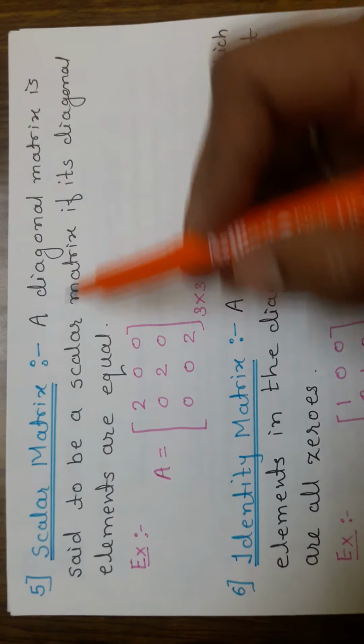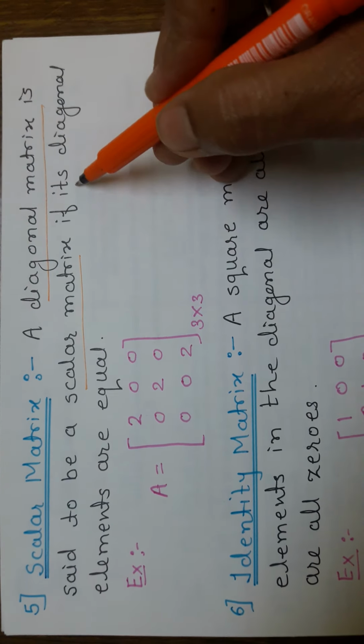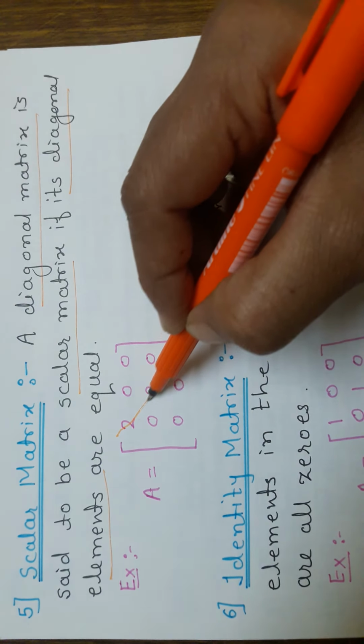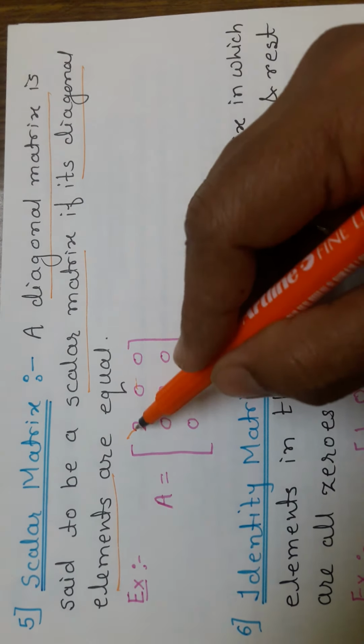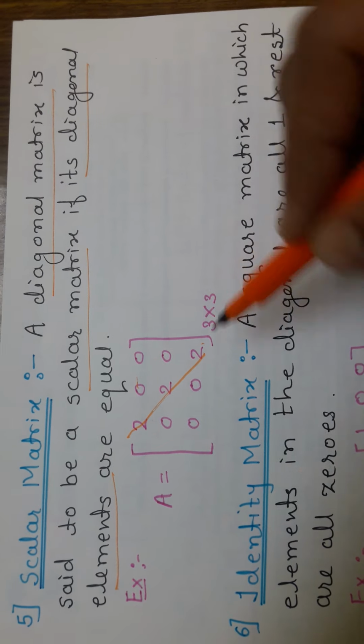Next, scalar matrix. A diagonal matrix is said to be a scalar matrix if its diagonal elements are equal. Here the diagonal elements are 2, 2, 2 and the non-diagonal elements are 0, 0, 0. If here it is 3, 3, 3, then it is also called a scalar matrix.